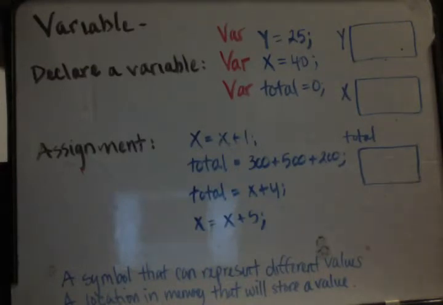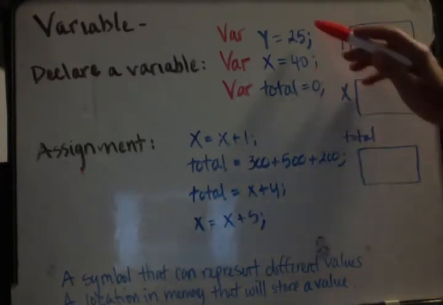But let's say I'm writing a banking application, I can have variable names such as principal, interest, balance. Or if I'm writing a math program, I can have variable names like sum or product, operand. So the name of the variable should have some meaning.